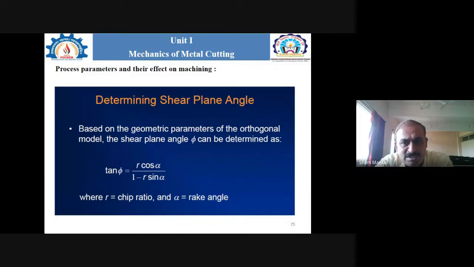So when we consider these process parameters, they definitely contribute to the final machining. That means the kind of machined surface you are getting, which may be rough, semi-finish, or the final finish, like glossy, like a glass-type structure on the final finished component.